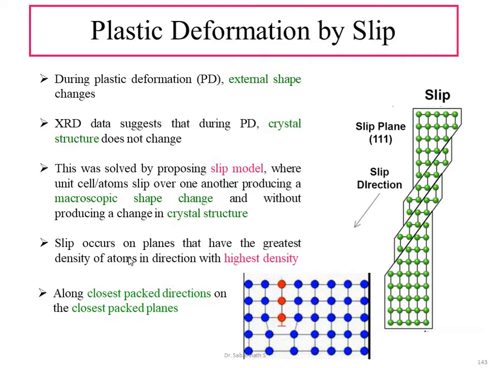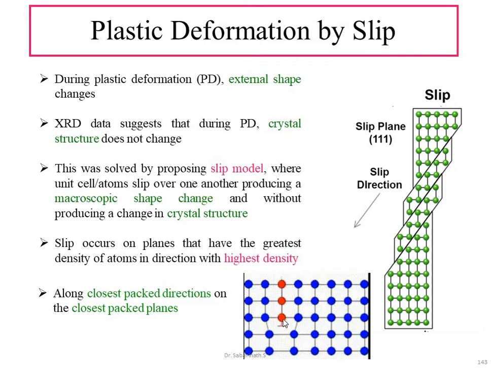So the planes which have the most number of atoms, the highest density, on those planes the slip actually occurs. In other words, along the closest packed direction or in the closest packed planes. We call the direction along which the crystals, atoms or unit cells slide the slip direction.